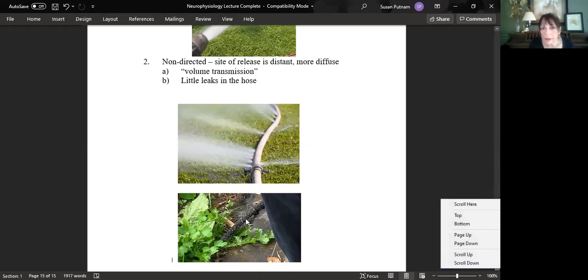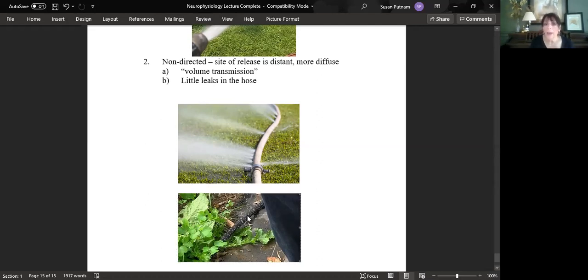You can see these little holes in the hose. So ultimately, you're not going to have as much neurotransmitter release at the terminal button, but you're going to be releasing neurotransmitter molecules in a very diffuse, wider area within the extracellular fluid. So this is the whole thing here.